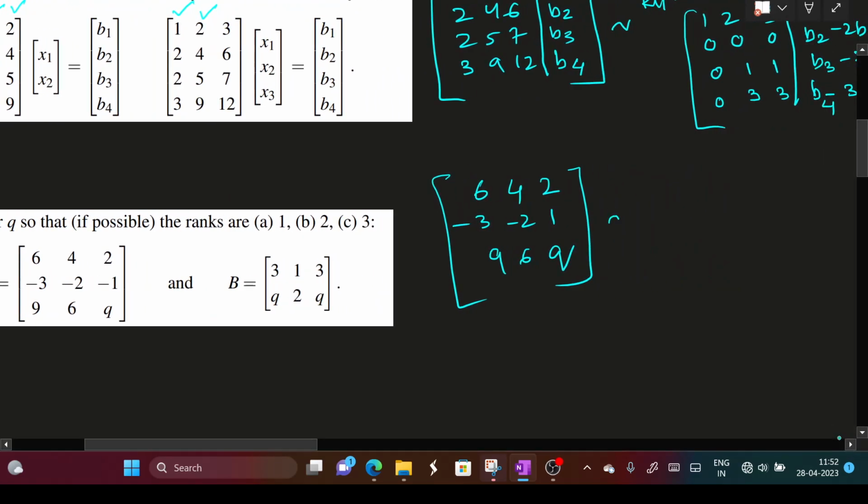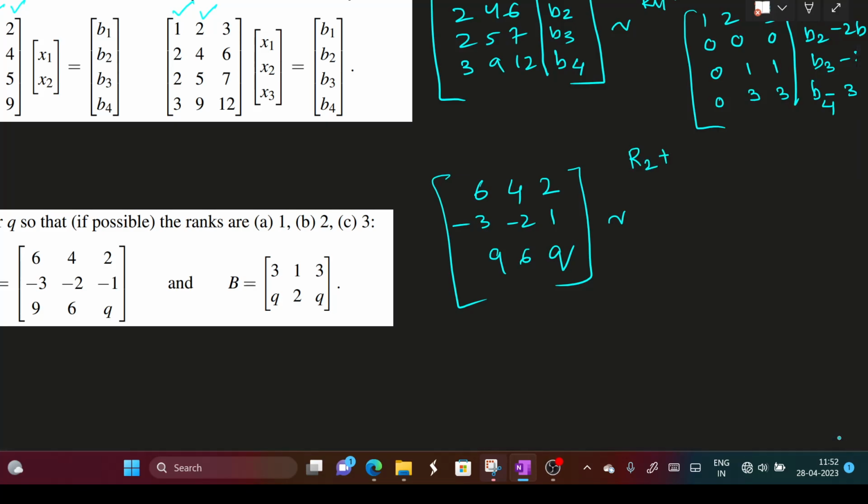It is R2 plus half R1 stored in R2. It is 6, 4, 2. It is 0, half, 0. It is half added. 1, 1, 2. Now similarly here it is the second equation. I will write.